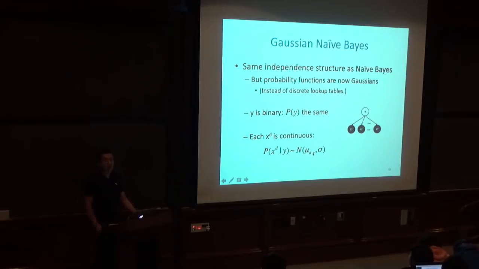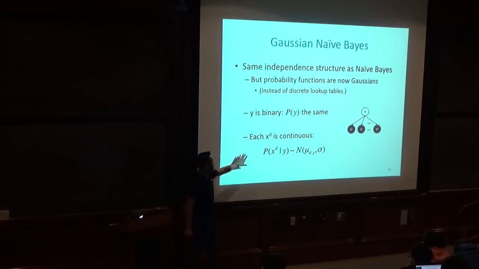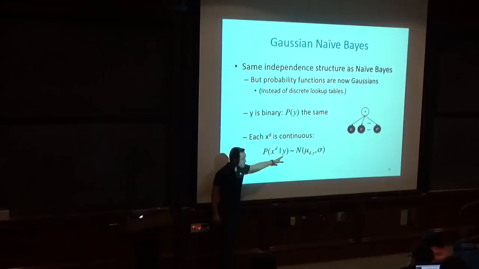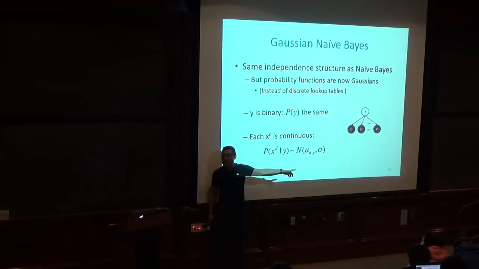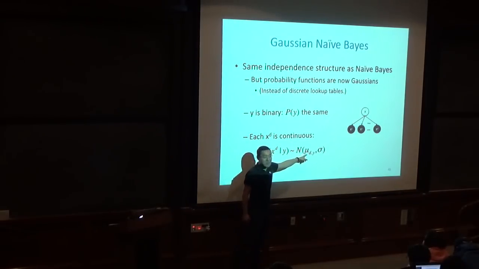In this case, if I want to do maximum likelihood, I don't have the slide for this, but you will look at every data point in your data set where y equals the y that you care about. Let's say y equals spam, and then I would just fit the mean. That's how I do maximum likelihood of a Gaussian distribution. I just literally compute the average.